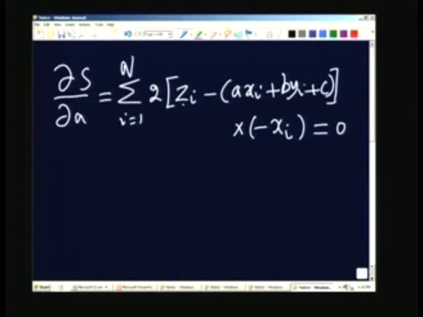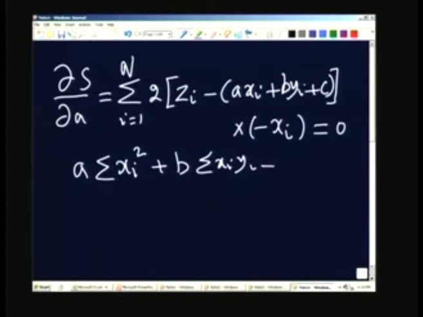So, I have z i multiplied by x i. This is minus into minus, this becomes plus, this becomes minus. I will send it to the right hand side. This 2 is a factor which multiplies every term, therefore, I need not include it. So, you will see that I have a sigma x i squared plus b sigma x i y i plus c sigma x i is equal to sigma z i x i.